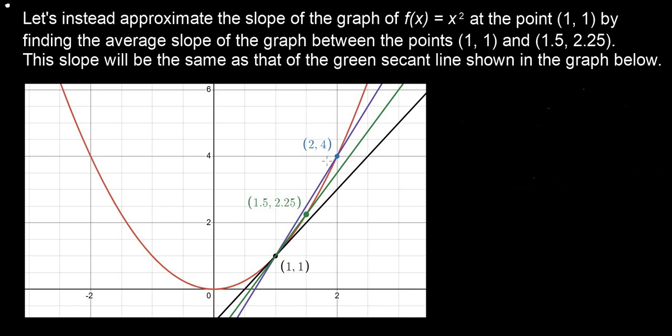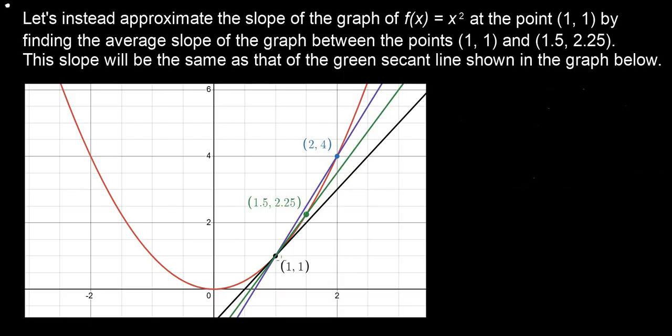But this time, I'm going to instead find the average slope of the graph between the points 1, 1 and that point that I labeled in green, 1.5, comma 2.25. So you can see that those 2 points are a little bit closer.